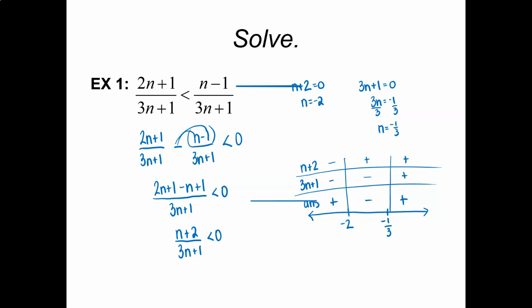And Reese, which ones are our answers, the positives or the negatives? So whenever we look at this line right here, it tells us whether or not we have a positive or negative. Which ones are the parts that we're going to use as our answer? The sections where we have positives or the sections where we have negatives? Negatives. How do we know?